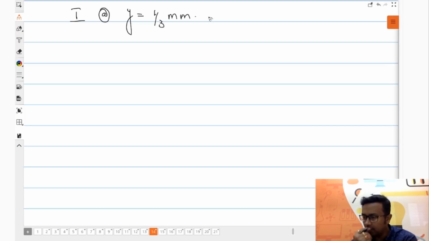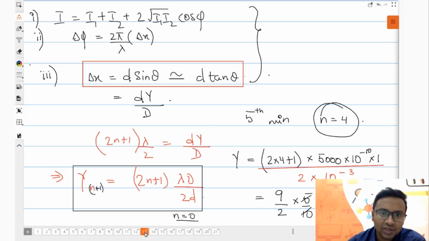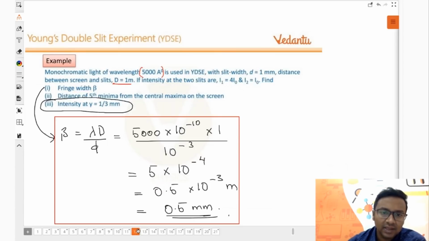Now here what do we see, students? We need to find I at y equals 1 by 3 millimeter. The technique to proceed with these kinds of questions is to find the corresponding path difference for y equals 1 by 3.